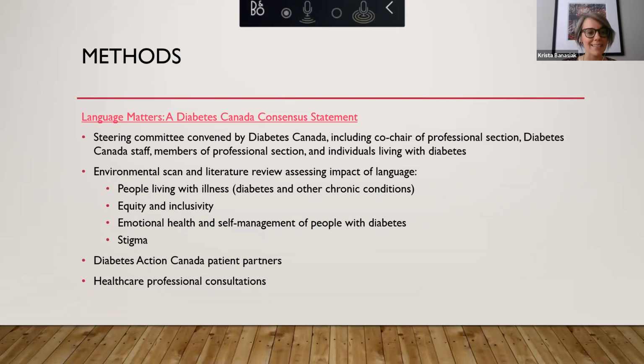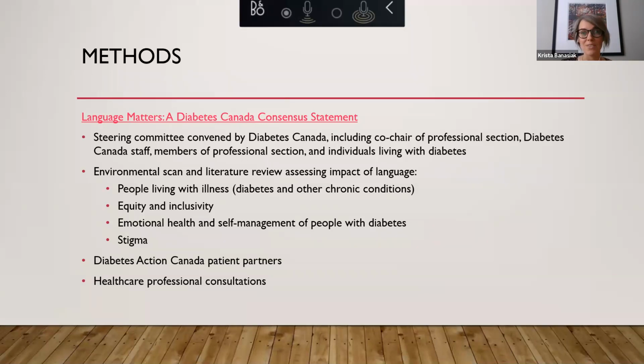So a quick word on methods. What I'm presenting today is based on a larger piece of work, a consensus statement that was published in the Canadian Journal of Diabetes about the language to be used when speaking with and about people living with diabetes. We, the authors of the paper, which included members of the professional section of Diabetes Canada staff, which I was at the time that this was written, and patient partners living with diabetes, collectively consulted relevant stakeholders, including healthcare professionals.